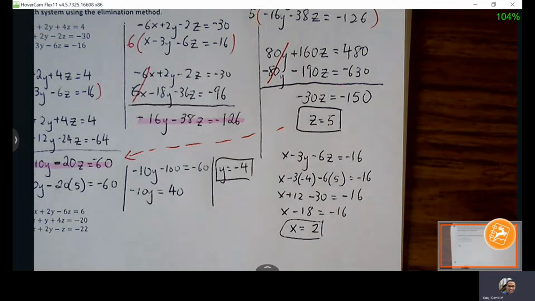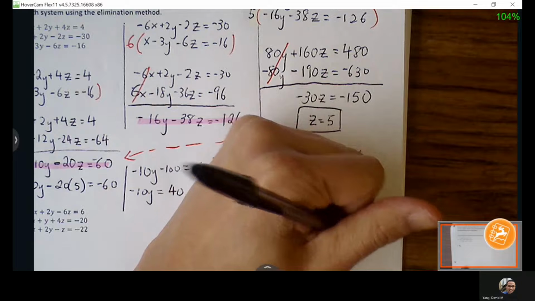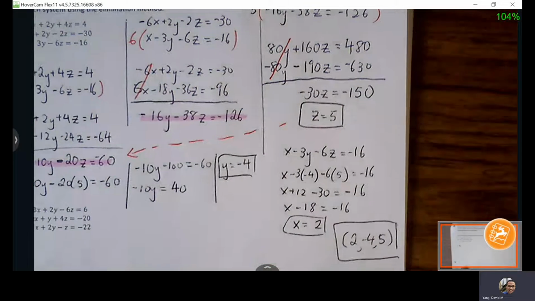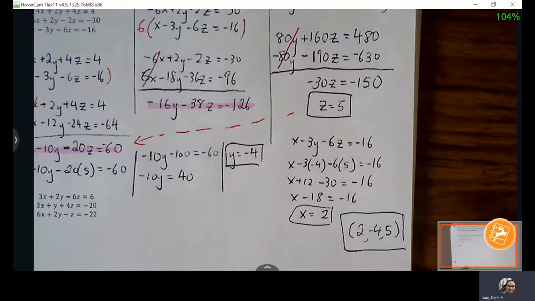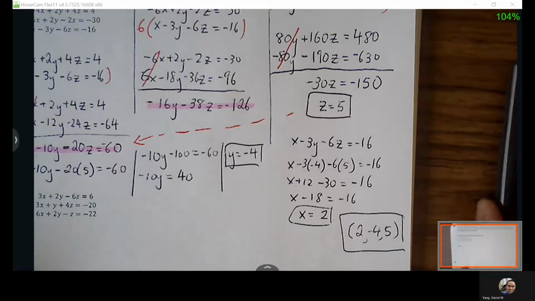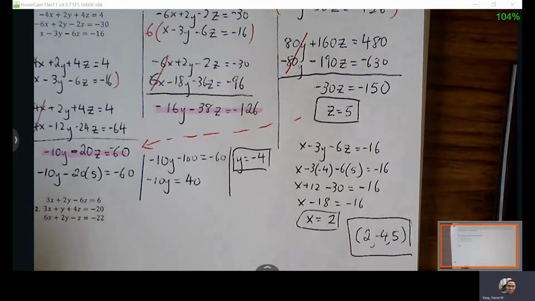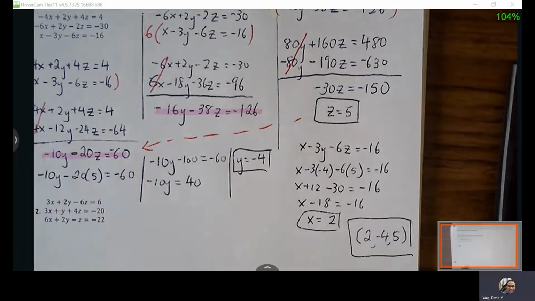The ordered triple is going to be 2, -4, 5. Okay, any questions here?